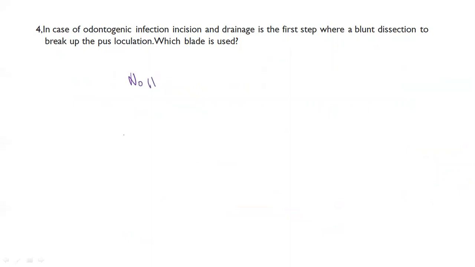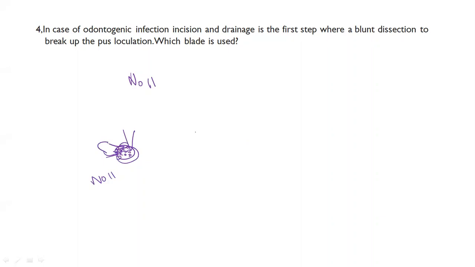So whenever there is an abscess, first you incise it with a number 11 blade, and then you use a hemostat. The beaks break the abscess, so the small locules of pus are broken down into pieces with the help of the beaks.